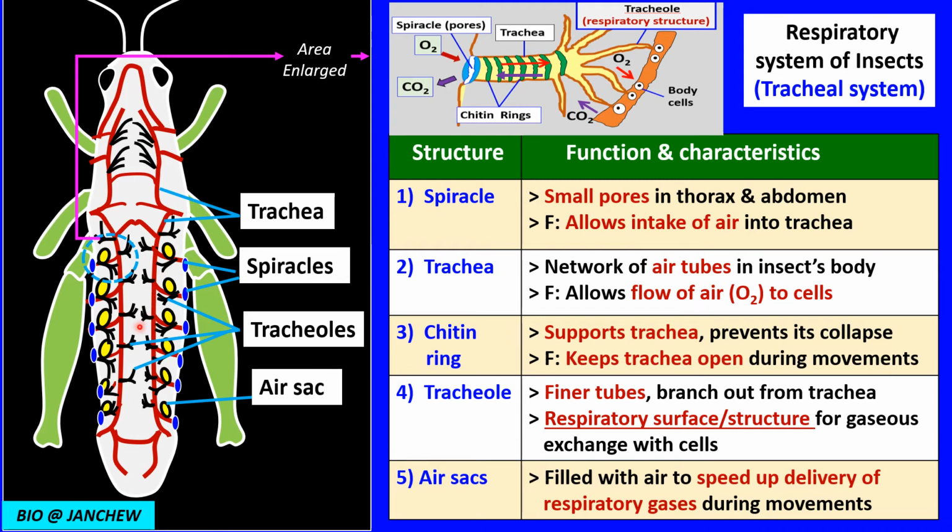So there are many air sacs on the trachea. Air sacs are found in grasshoppers and some of the insects, but not in all.